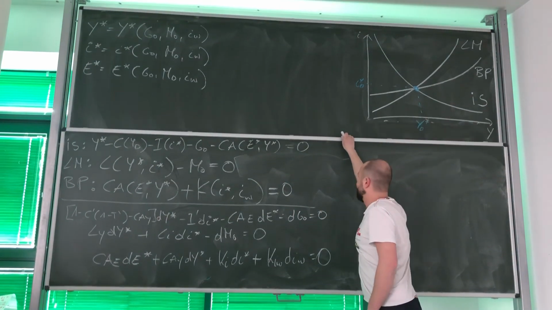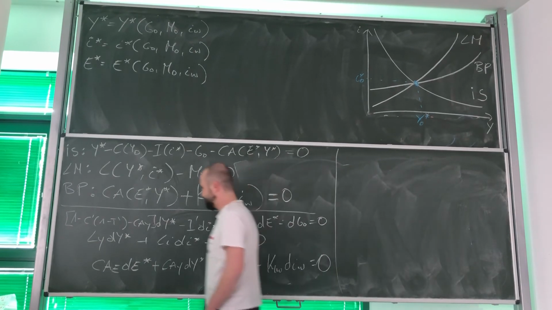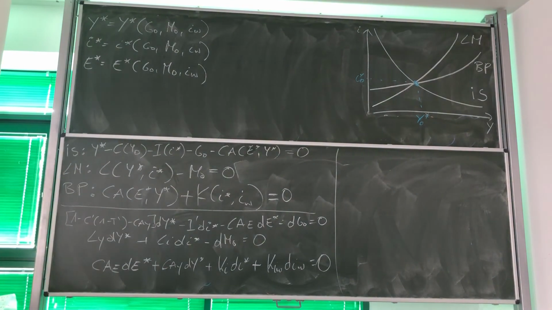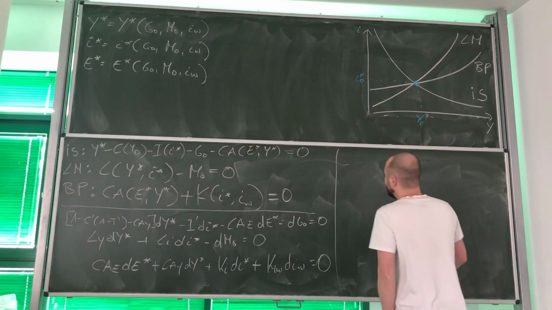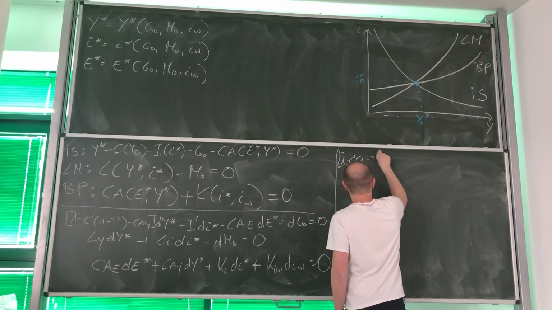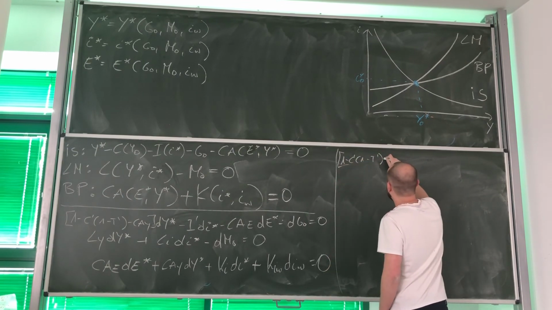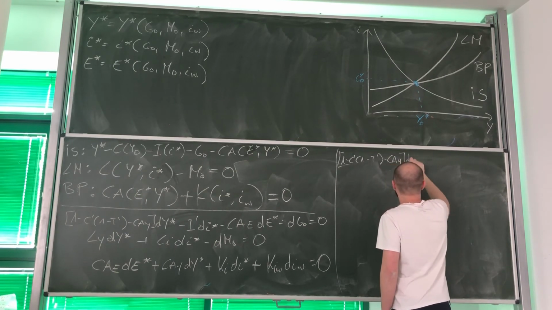Okay, so what should we do in the next step? Well, of course, in the next step, we will organize the variables. So all the endogenous variables stay on the left hand side, exogenous we move to the right hand side. So we've got 1 minus C prime, 1 minus T prime, minus CAY dy.